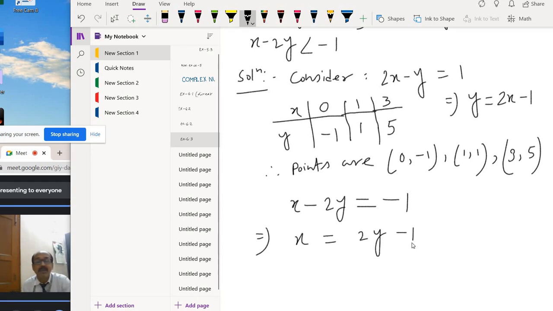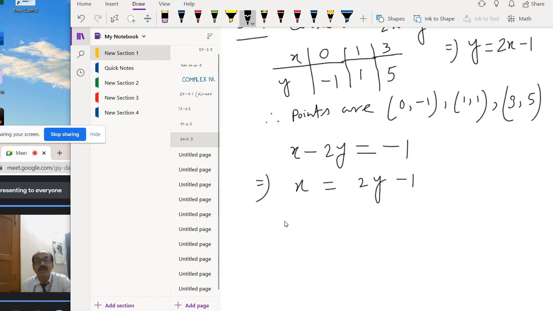Now find the points. So x, y. Take y equal to 0, then x is equal to minus 1.